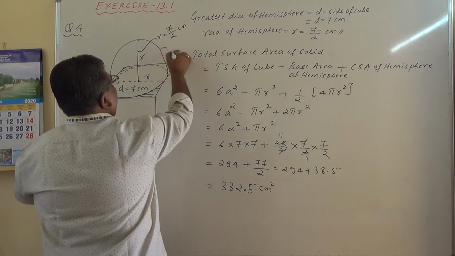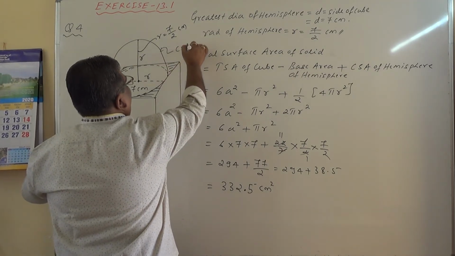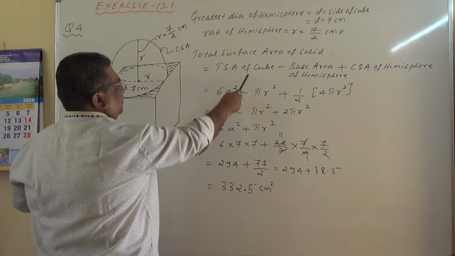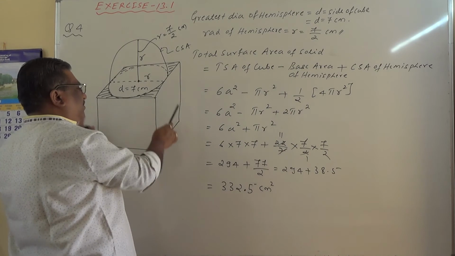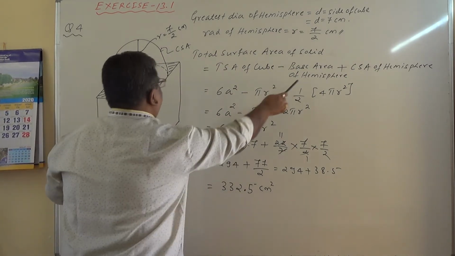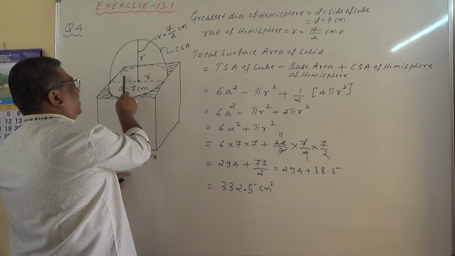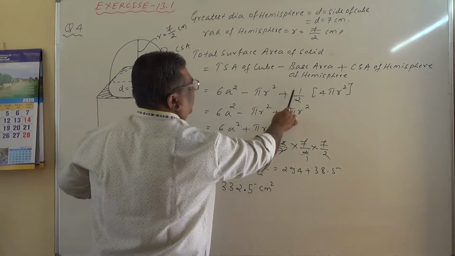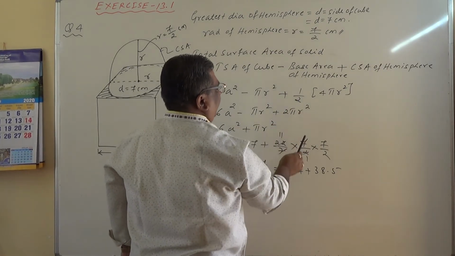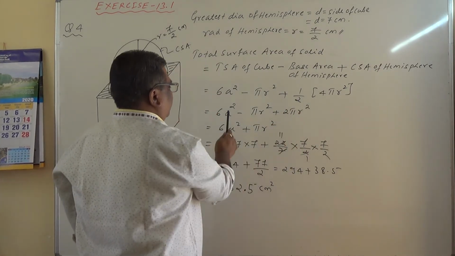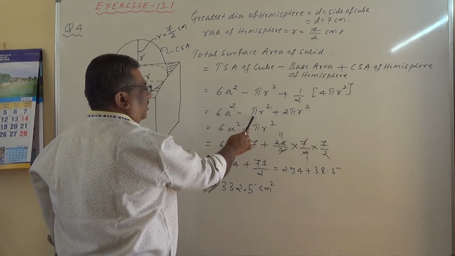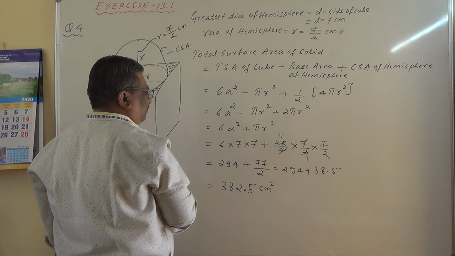This is the curved surface area of the hemisphere. Formula: total surface area of the cube is 6a square. There are 6 faces, each is a square. Minus base area of the hemisphere, this circular base, which is pi r square, plus CSA of the hemisphere, half of 4 pi r square, which is 2 pi r square. So 6a square minus pi r square plus 2 pi r square. 2 pi r square minus pi r square is pi r square.